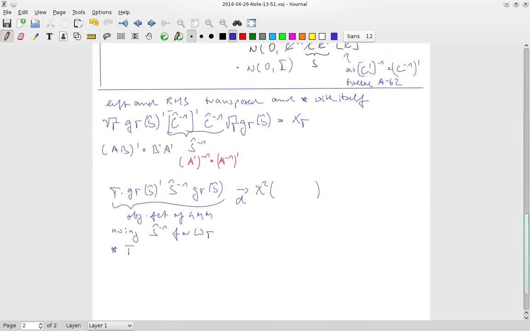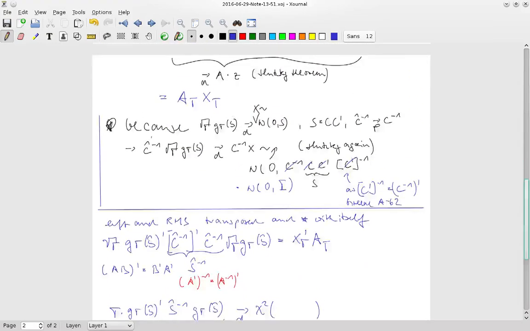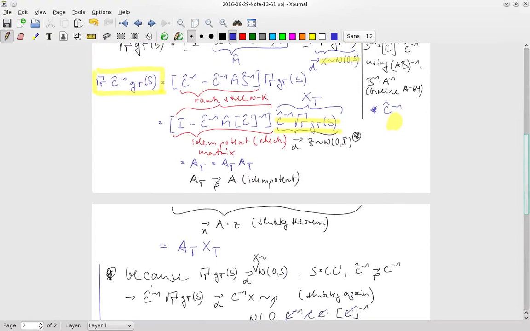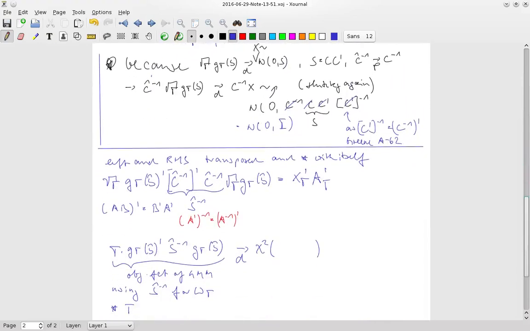So I get the transpose of X_T, which is multiplied with A_T. Transpose it and multiply it with A_T, and multiply this with X_T. So I manipulate the right hand side exactly in the same way as the left hand side.